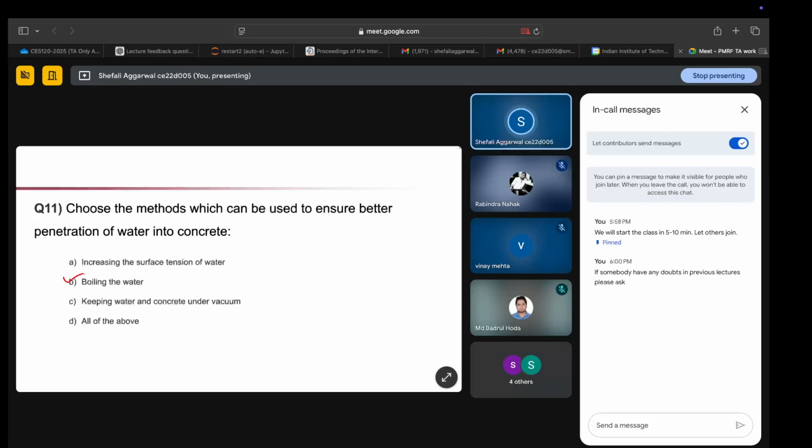Another way to ensure penetration of water into concrete is keeping water and concrete under vacuum. In lab studies what we usually do is keep our concrete in vacuum, then purge water into the system, into our desiccator system. In that way your water will penetrate into your concrete system very quickly. So answer will be B and C.